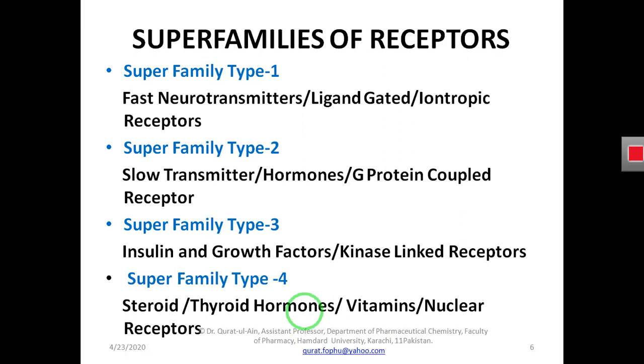Usually the hormone receptor and vitamin receptor reside in the nucleus and bind with their ligand: for a hormone receptor the ligand will be a hormone, and for a vitamin receptor the ligand will be a vitamin.